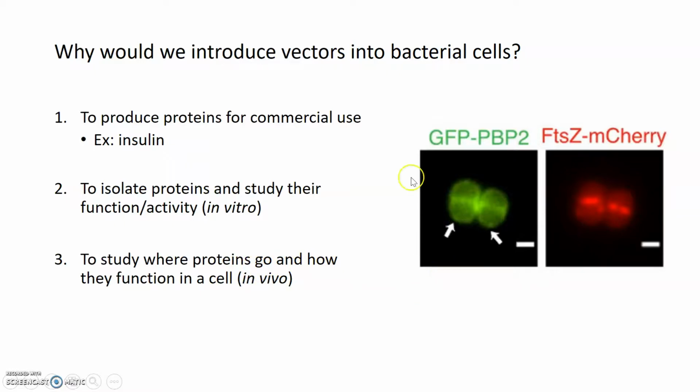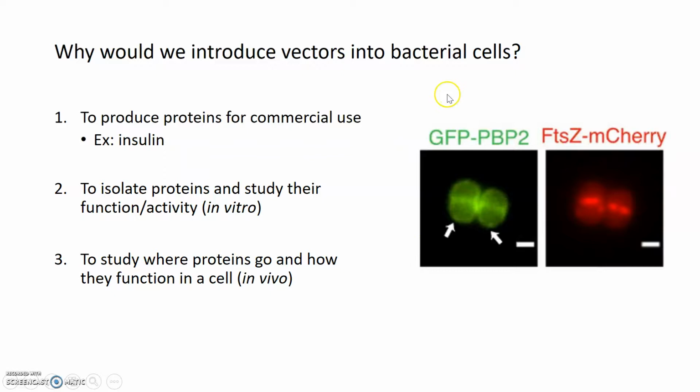And so one example of that can be seen here on the right. There are vectors where you can introduce your gene of interest and then tag it with a fluorescent protein. So a protein that can be excited and that you can visualize in different fluorescent colors. And so you can see a green fluorescent protein here on the left and a red fluorescent protein here on the right.